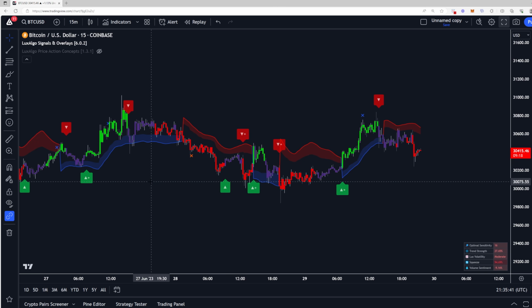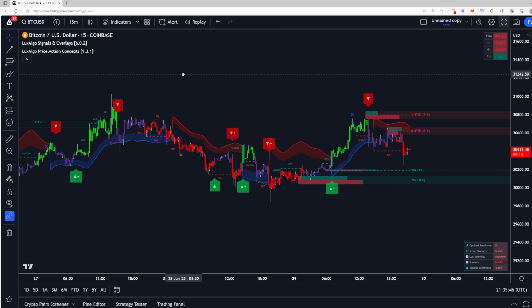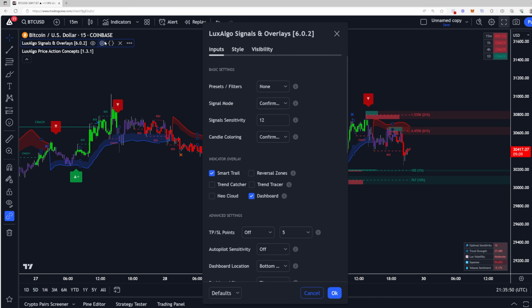So these have two different use cases. When combining them, it's typically useful to strip down most of the features from one of them and utilize one toolkit as the primary and the other toolkit as the secondary layer for your analysis.